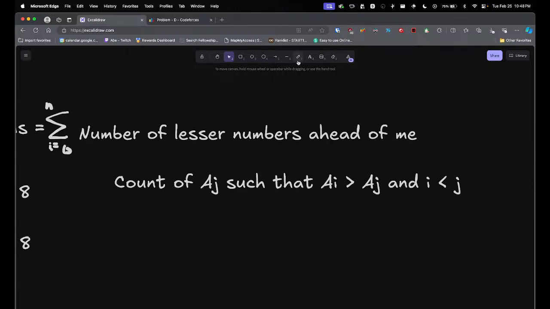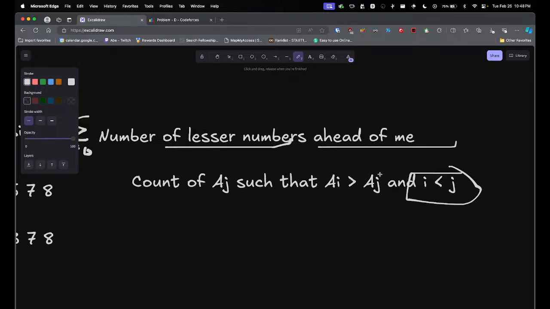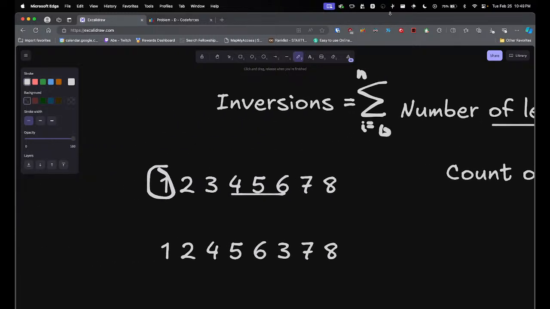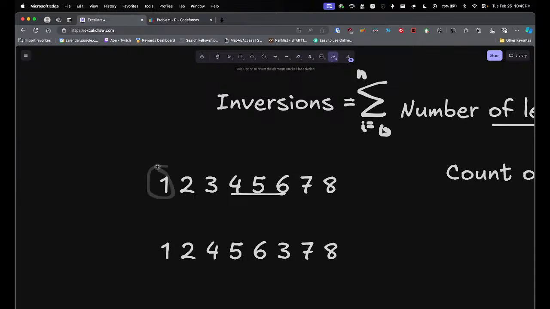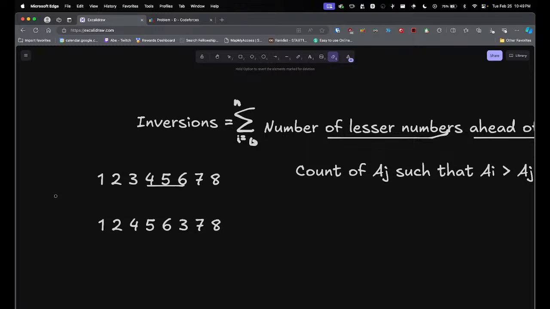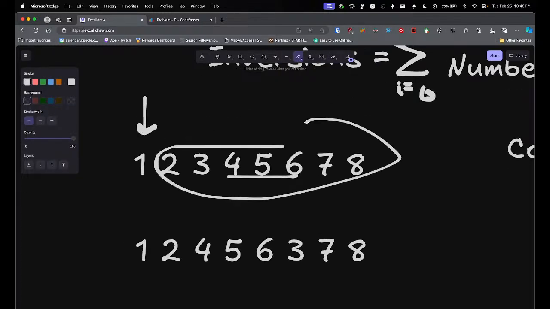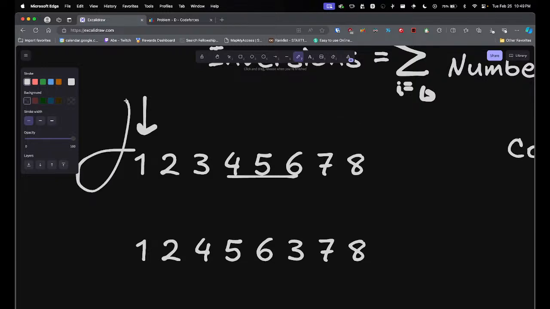So ahead of me is this part and lesser numbers is this part. Now those inversions you can count directly in n squared, checking the future for every index i, or you can do it inversely and check in the past. Doesn't matter, same thing.